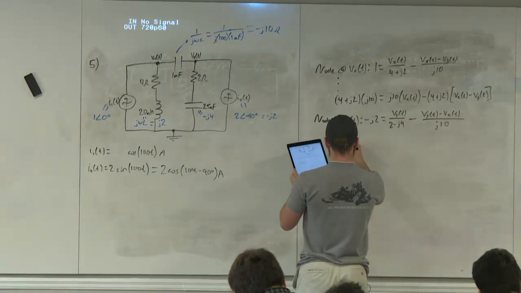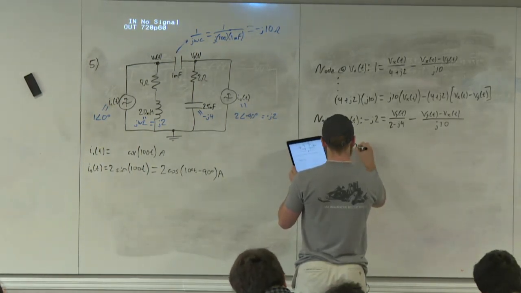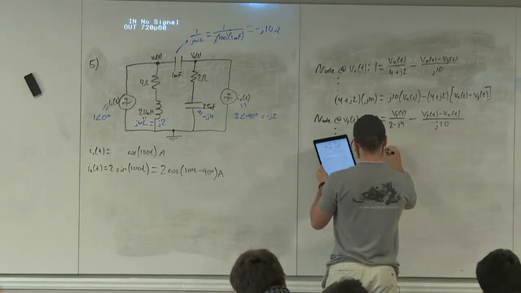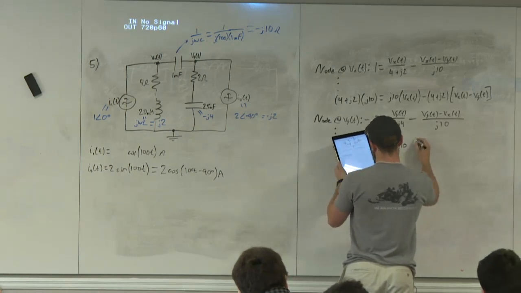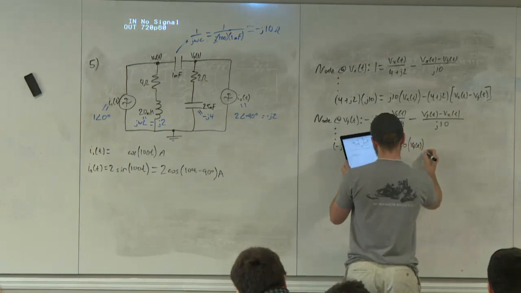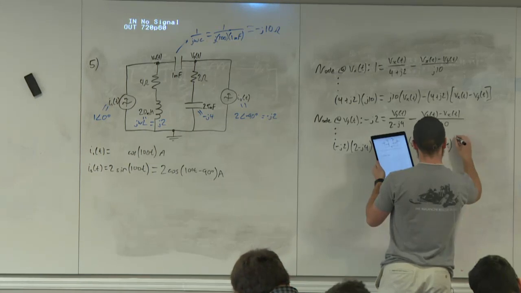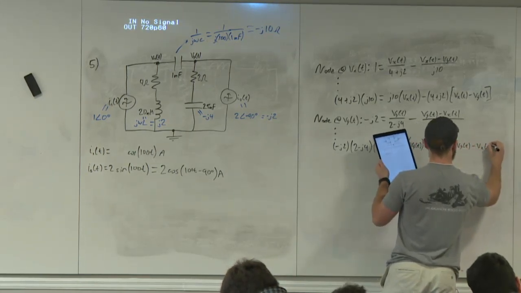So you get negative j2 times 2 minus j4 times j10 is equal to j10 times Vy of t minus 2 minus j4 times Vy of t minus Vx of t.